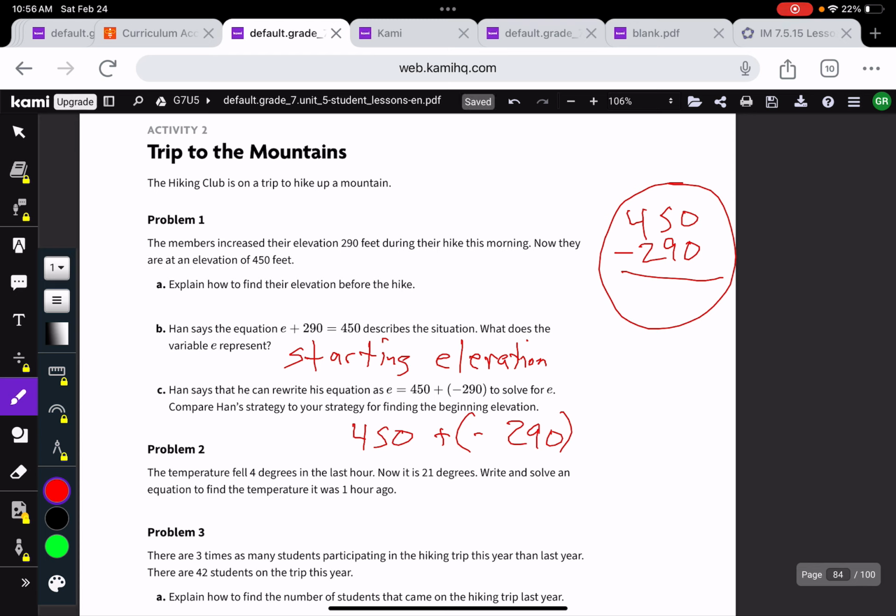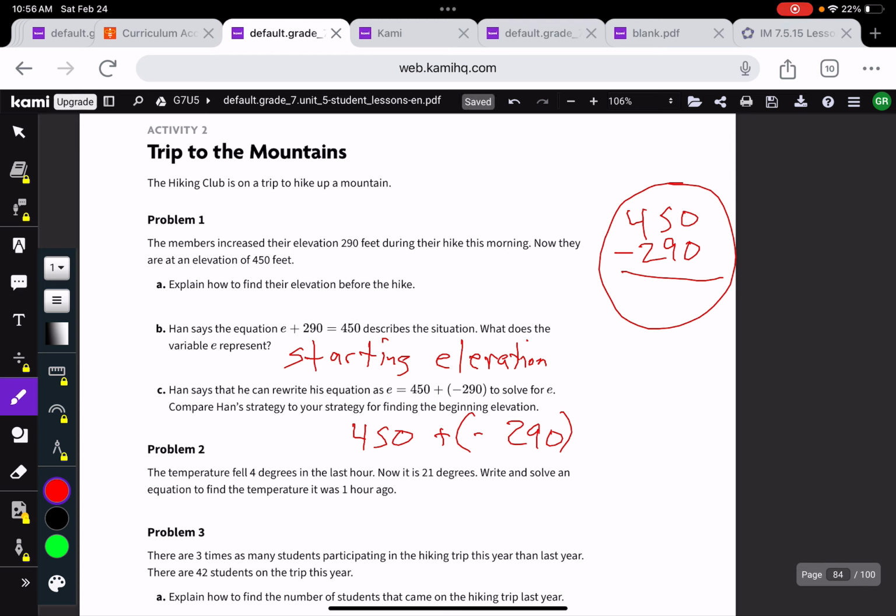I just said 450 minus 290. You have to do the same thing. So, very similar strategies, just barely written differently. Adding a negative is the same as subtracting. So, there we go. Let's look at problem 2.